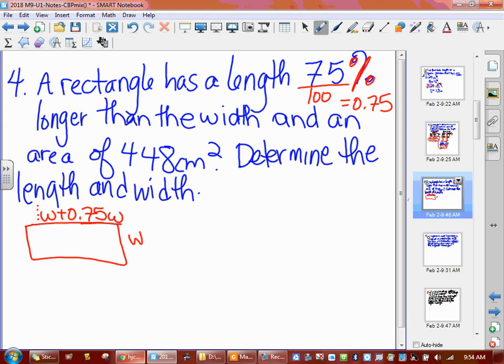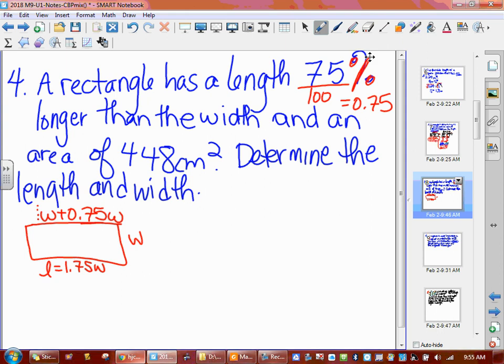So our length is 1.75 W. Okay? Now that's the crazy part. This is where the critical thinking happens. You have to realize that these each have to add. Now, when we take a look at those, we're going to say, okay, well, our area is 448.